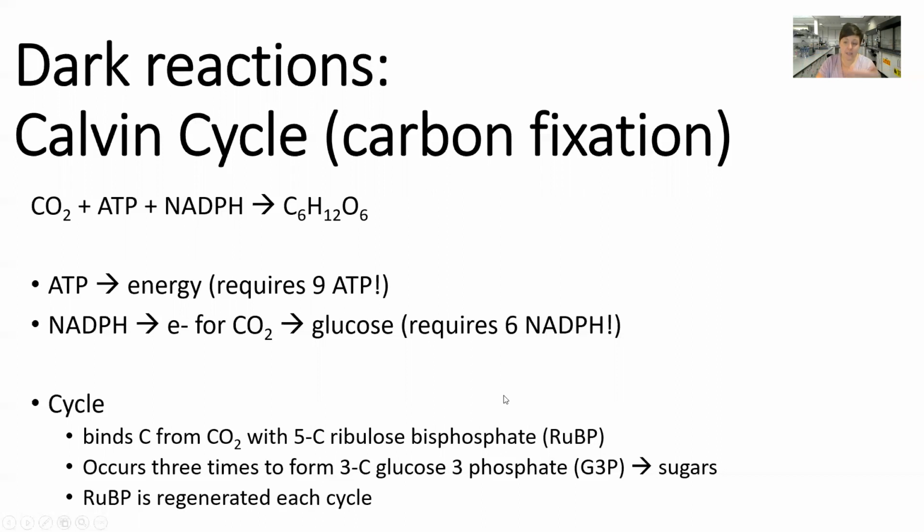This occurs 3 times to generate an organic compound called glucose 3-phosphate, a 3-carbon containing compound, and then you bind 2 of those together and you get a 6-carbon glucose. Importantly, just like we talked about with oxaloacetate in the Krebs cycle, RUBP is regenerated with each turn of the Calvin cycle.